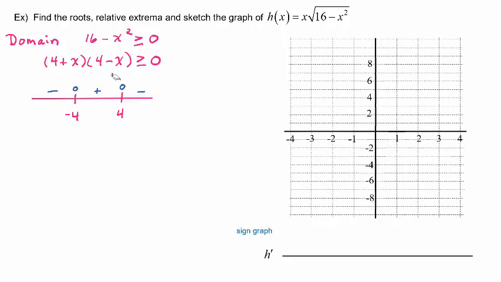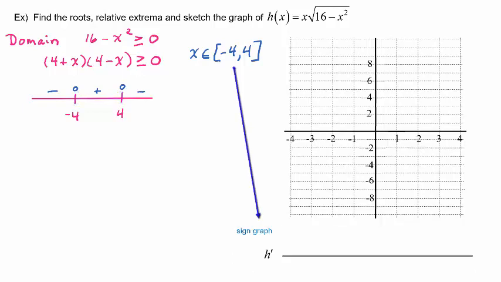Now we need the product to be greater than or equal to 0. So that's going to happen on this interval, including the endpoints. So our domain is that x is in the interval from -4 up to 4.